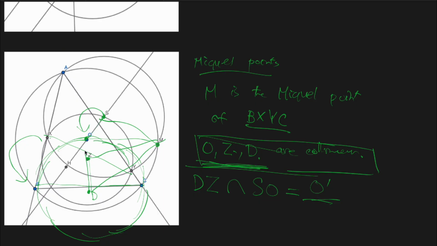And so let me just draw this, and let's say this is O prime. By the property of Miquel points and spiral similarity, which again we can quickly prove using angle tracing and similar triangles, we know that actually M, S, O prime, and Z should be concyclic. Yes, M, S, O prime, and Z should be concyclic.